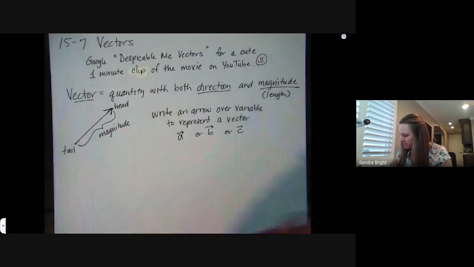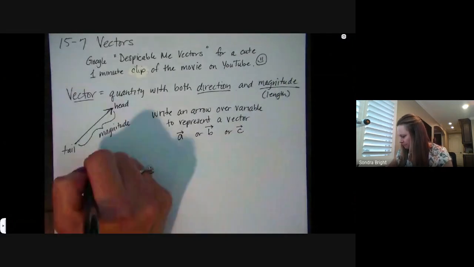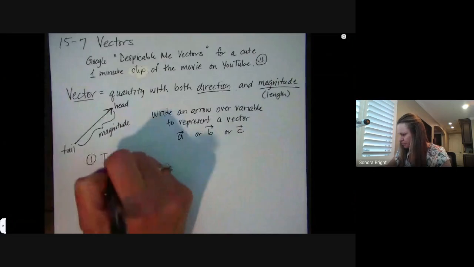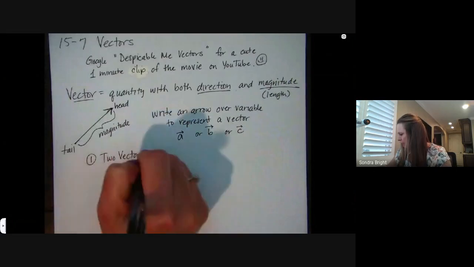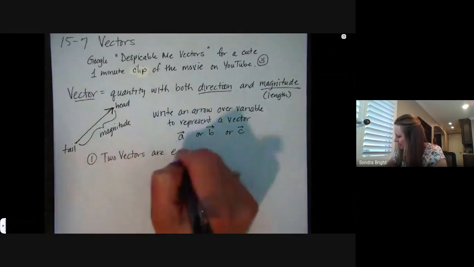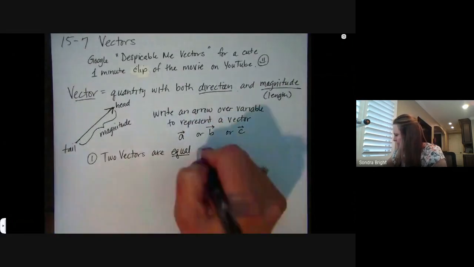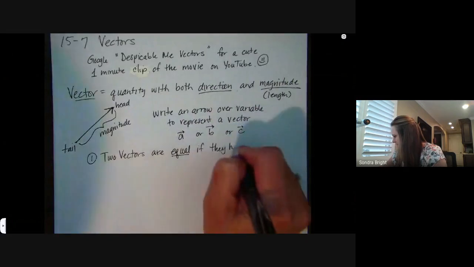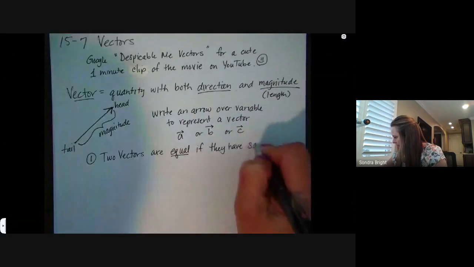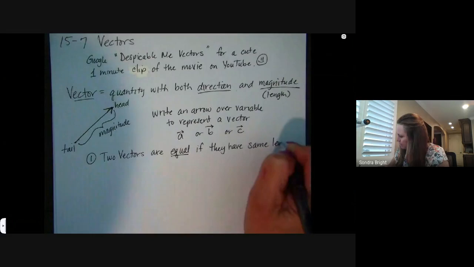Some properties of vectors: first of all, two vectors are equal if they have the same length and same direction.